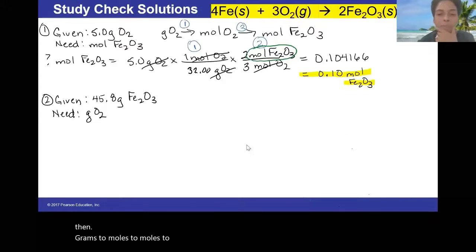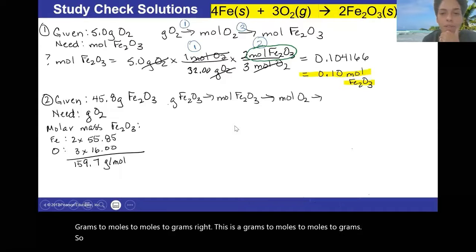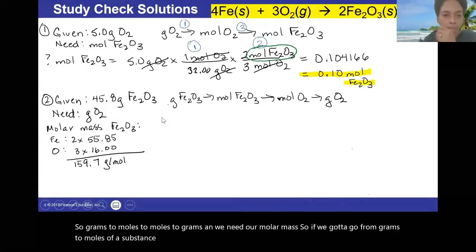Right, this is grams to moles to moles to grams. And we need our molar mass. If we have to go from grams to moles of a substance, we have to have the molar mass, right? So let's set this up.